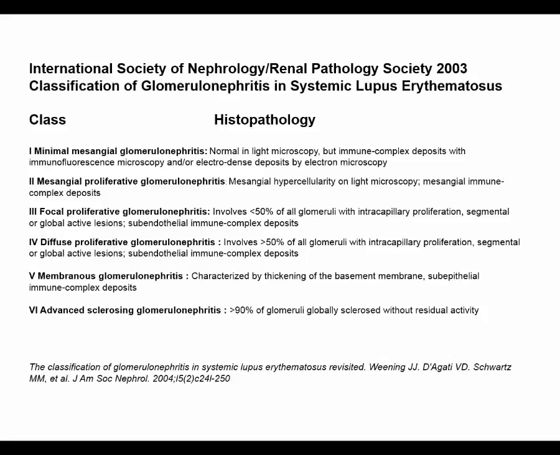Combining classes 3 and 4 together, either one, although we say class 4 is the one that will classically present like we talked about in this case, we even give the benefit of the doubt to patients, because again we said we don't know if we are just sampling a smaller area, and we don't know if it's more than 50% or less than 50%. So if we have proliferation going on, we are really aggressive in treating these patients, because the sooner we can get to them, the sooner we can calm these things down, the better it is.